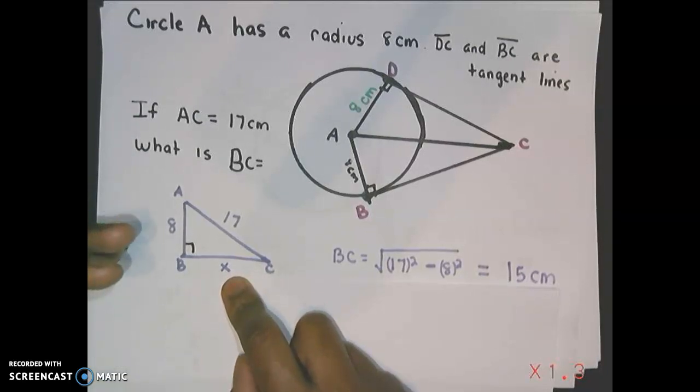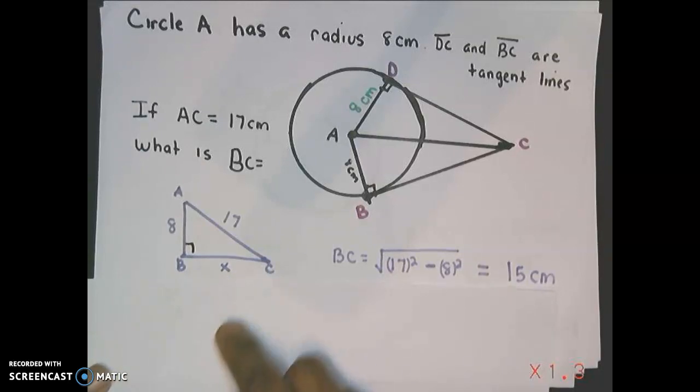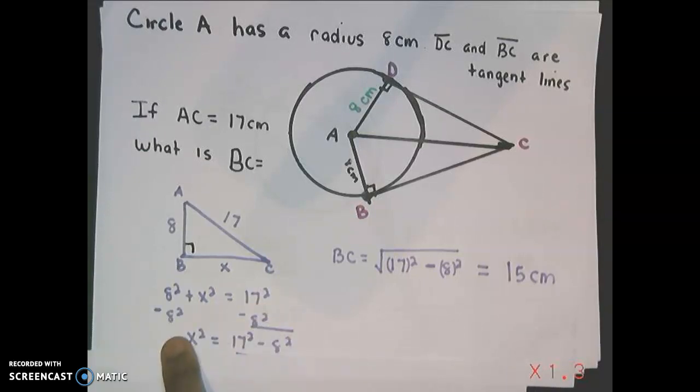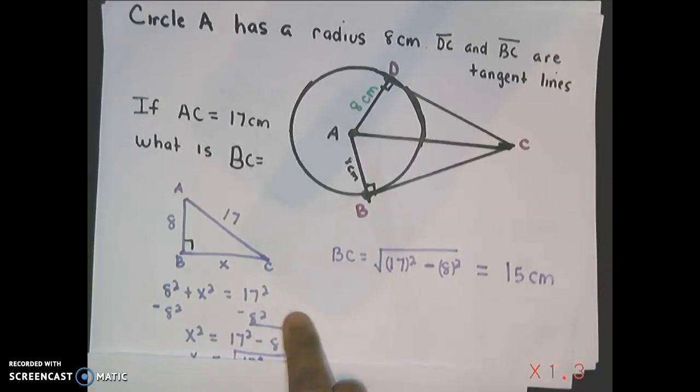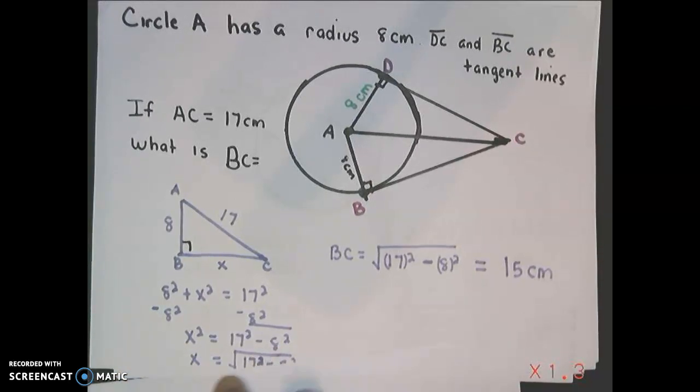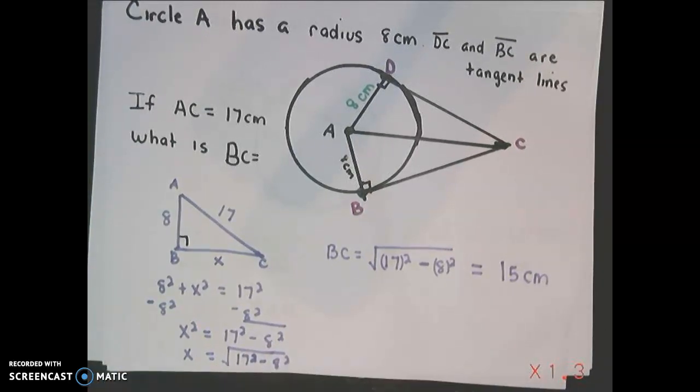So this is kind of what we did last week. It's just the Pythagorean theorem. I know that 8 squared plus X squared is equal to 17 squared. I can subtract 8 squared from both sides, which gives me X squared is equal to 17 squared minus 8 squared. Then to get rid of the squared, I'll just take the square root of both sides.